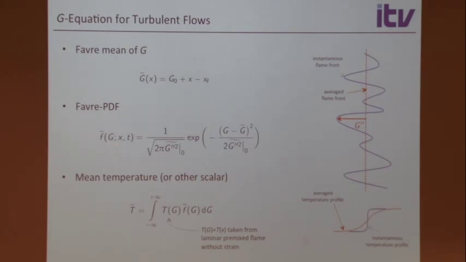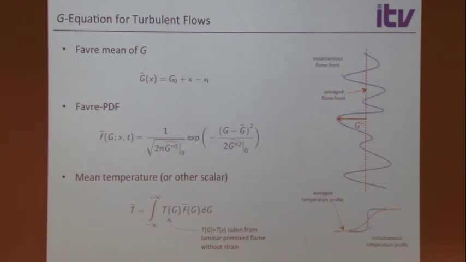And if we make an assumption, a presumed PDF, if we presume the PDF of this G to be a Gaussian function that depends on the mean and the variance, then we can use that to compute the mean temperature, and that will give us a smooth transition from unburnt to burnt because of the turbulent fluctuations. And you see here, in the laminar case, this variance would go to 0, this would be basically a delta function, and then also the temperature would have a jump from unburnt to burnt. Okay?